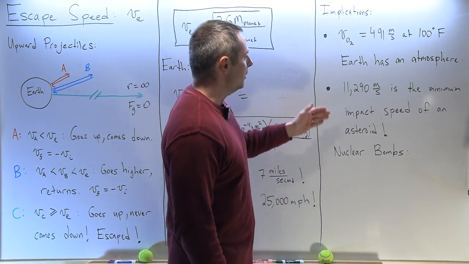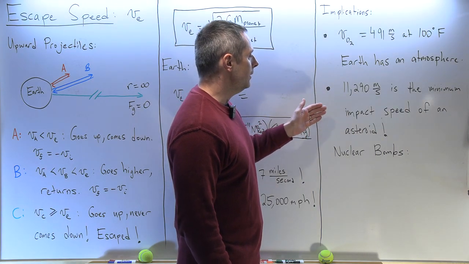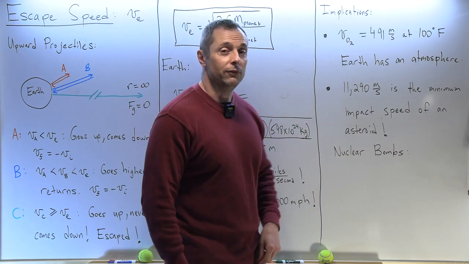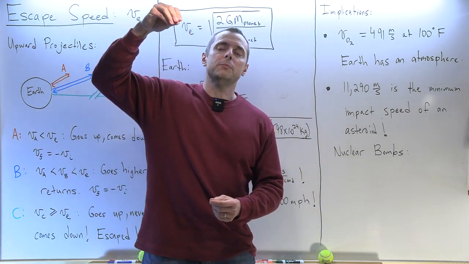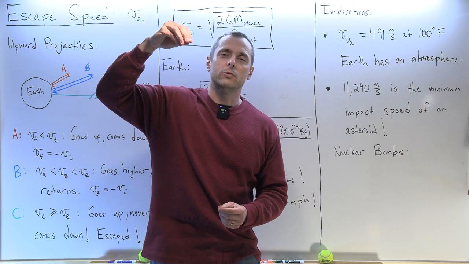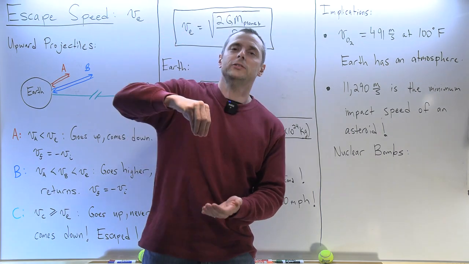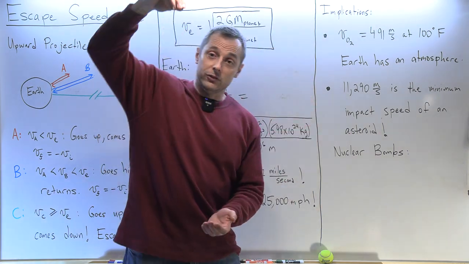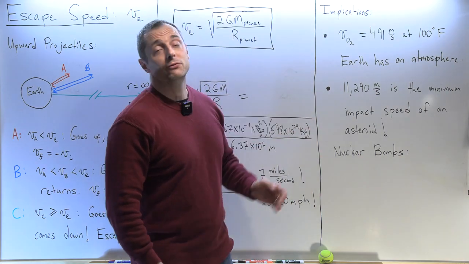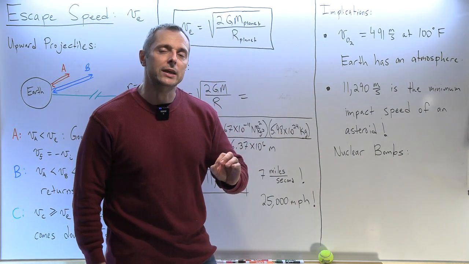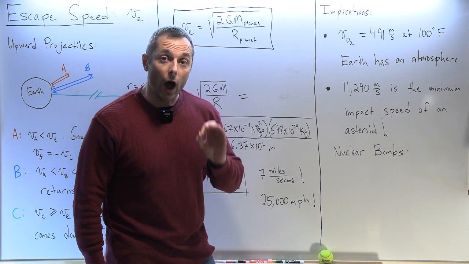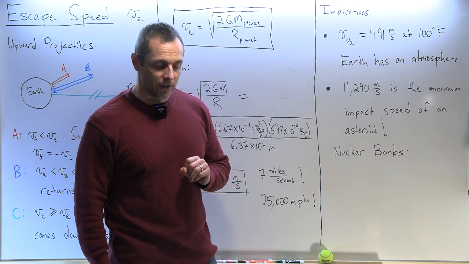So this happens to be the minimum impact speed of any asteroid. Of course, if I drop something from deep outer space and it creeps toward the Earth and eventually crashes into it, it's this. But if it's already moving in outer space, it'll hit even faster. So this is the minimum impact speed of any rock coming from outer space.